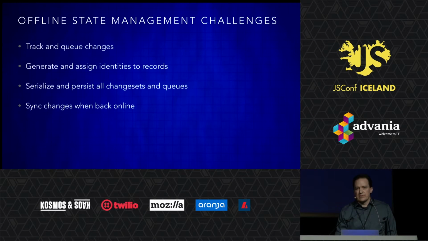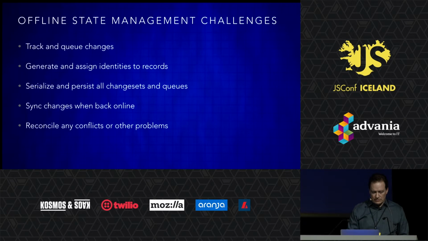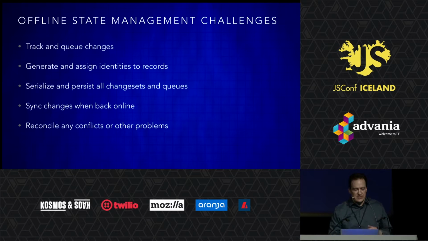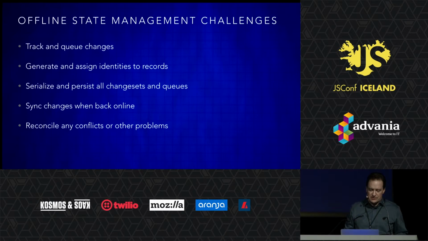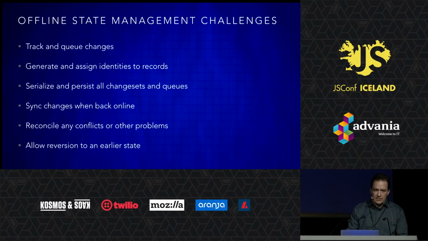Then when your app comes back online, you need to sync your changes back to your server. And of course, that doesn't always go smoothly, and sometimes you'll need to reconcile any conflicts or problems. And perhaps even revert to an earlier state.